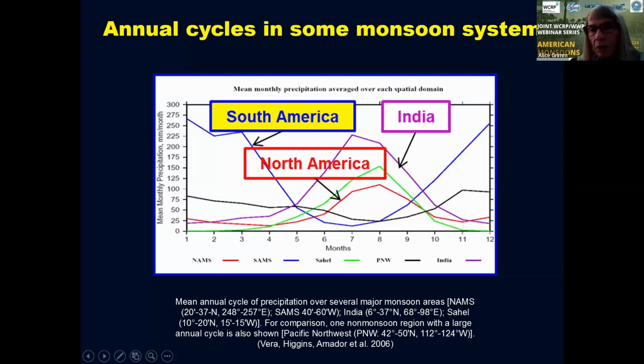This figure shows you that the intensity of the monsoon system in South America particularly is very strong. There is a very great contrast between precipitation in winter and precipitation in summer.